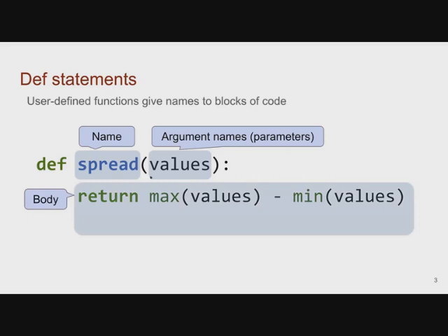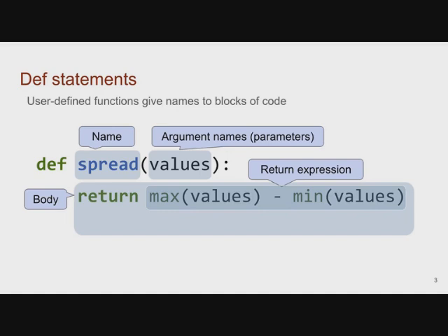In this case, this function is going to create the spread. If we pass in values, an array, it's going to give us the difference between the maximum value and the minimum value from there. And this is the return expression. When we call a function, most of the time we expect that function to return some value, right?